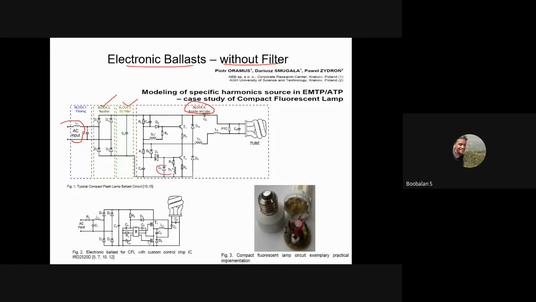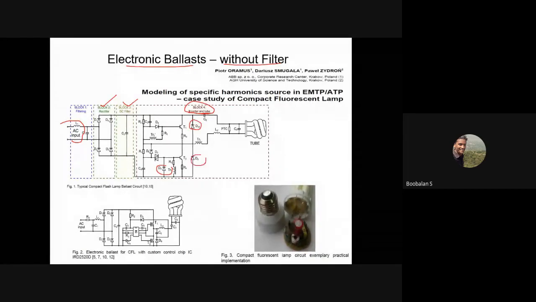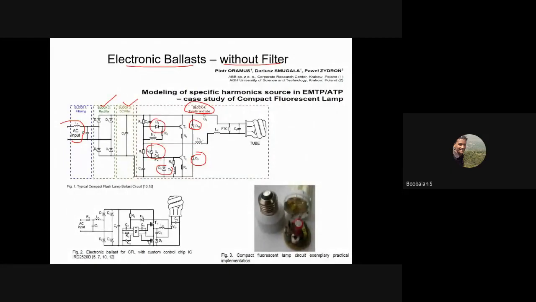So D1, T10, D9, and we'll have D8, T6, and T1, T2. By switching these devices, right, these switching devices, you could change your input frequency based upon your load.